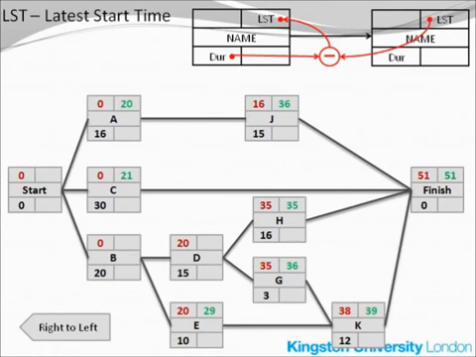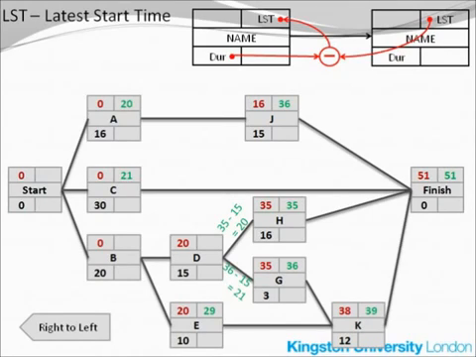The next one will again be tricky. For activity D, we can either calculate from the latest start time of H, 35, minus 15 is 20, but on the other hand, the latest start time of activity G, 36, minus 15 is 21.